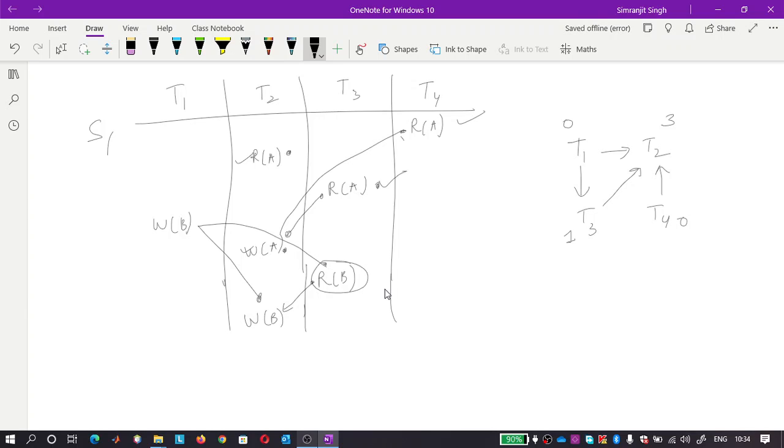I'm writing T1, followed by T4, followed by T3, followed by T2, or T4 followed by T1, T3, and T2. These are two serial schedules to which schedule S1 is conflict serializable. This is how your topological sort works.